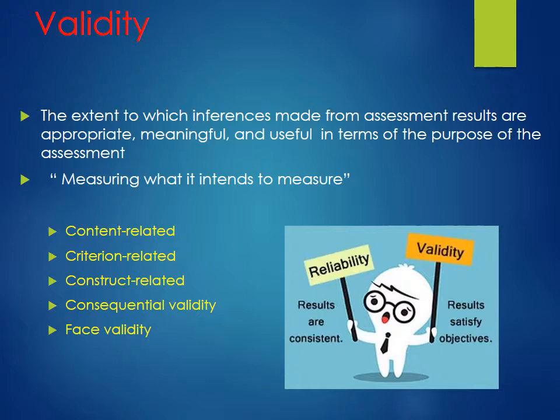And there are several areas to consider when we think about validity, and many of them are very closely related to each other and are often conflated. The first three particularly, content-related validity, criterion-related validity, construct-related validity, these three are very, very closely related to each other. And then there is something called consequential validity and face validity.